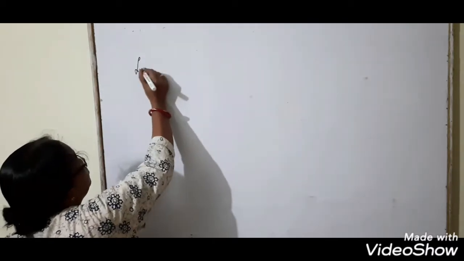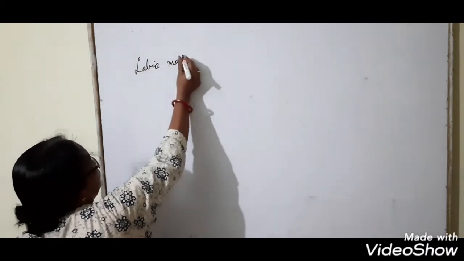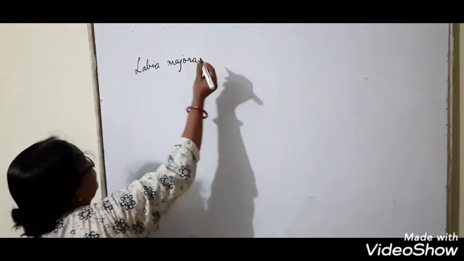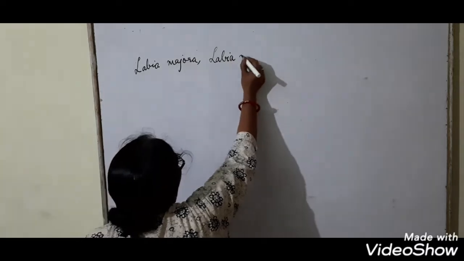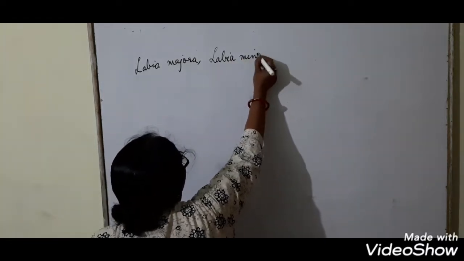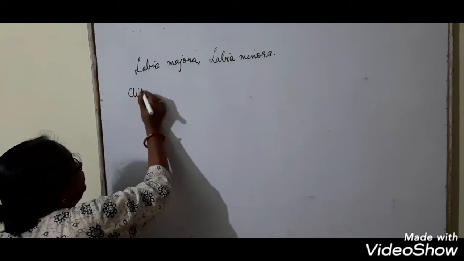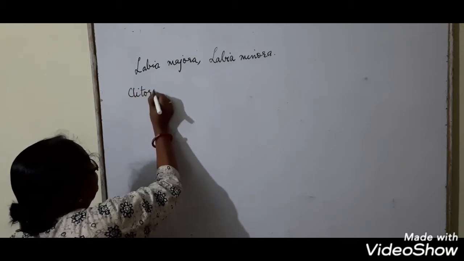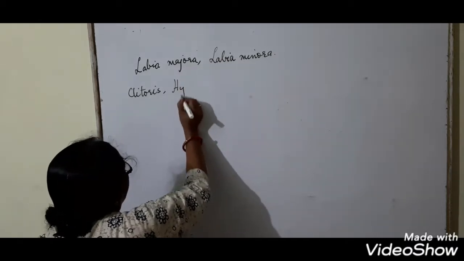The external genitalia consists of labia majora, then labia minora, then clitoris, and hymen.